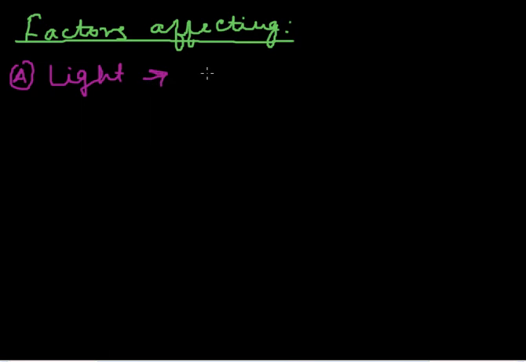Photosynthesis maximally occurs in red or blue light, and the minimum photosynthesis occurs in green light.